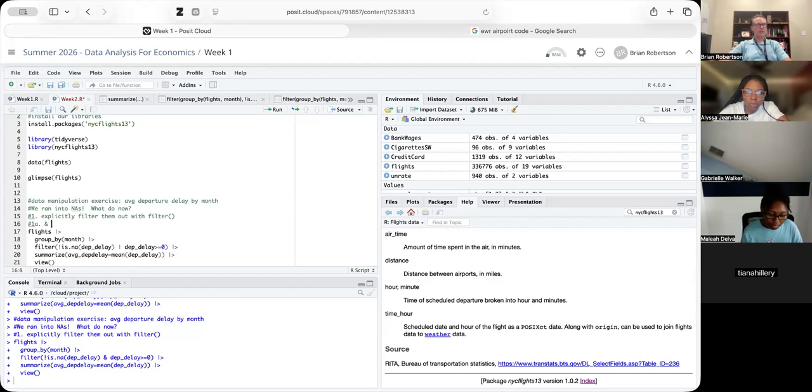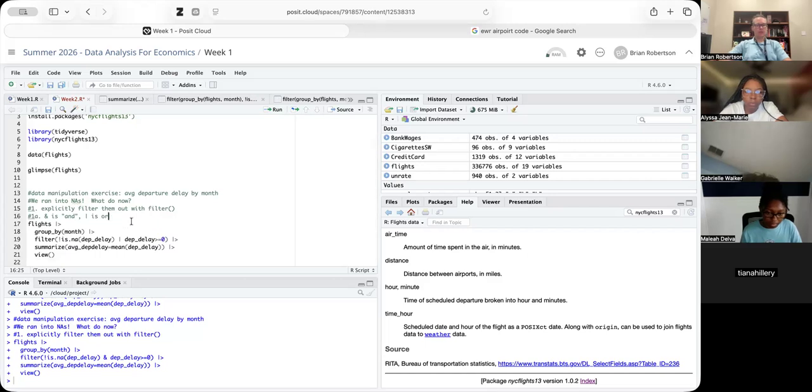So, and is, or, and I think we showed you this last week as well. The other one is with the equals sign.